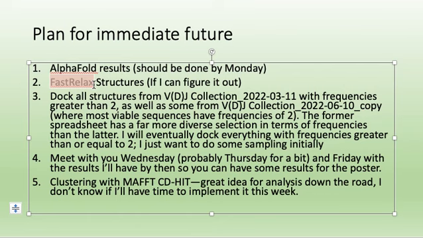There's probably caveats to that, but just for the sake of quick results, that's probably what I'll be looking at. Dock all of the ones with frequencies greater than 2 from the VDJ collection because there's far more diversity in complete sequences in that one. And then I'll also get some with frequencies of 2 from the other one, just to have a balanced set.